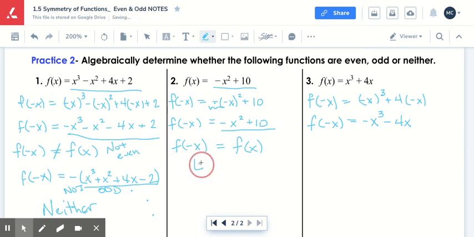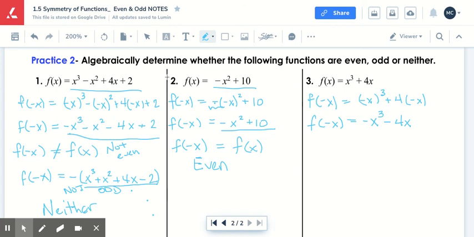So therefore, I can say that this function has even symmetry, that special type of symmetry, which means the graph of this function would be symmetric with the y-axis. So if I graphed it and then I folded the picture along the y-axis, the left side and the right side would match up exactly.